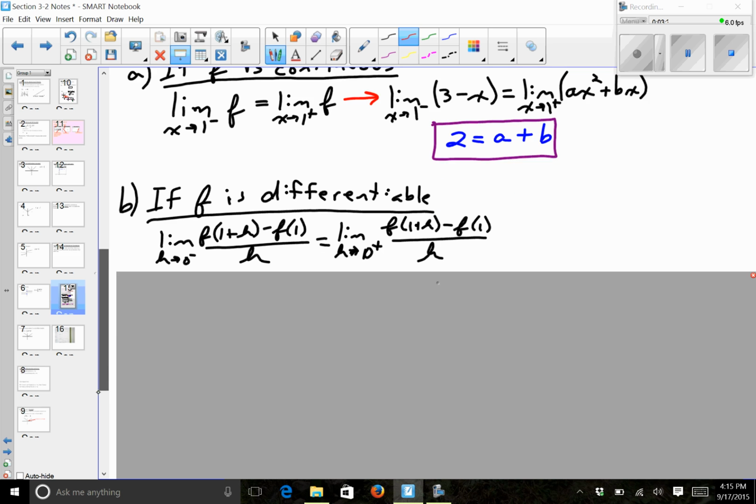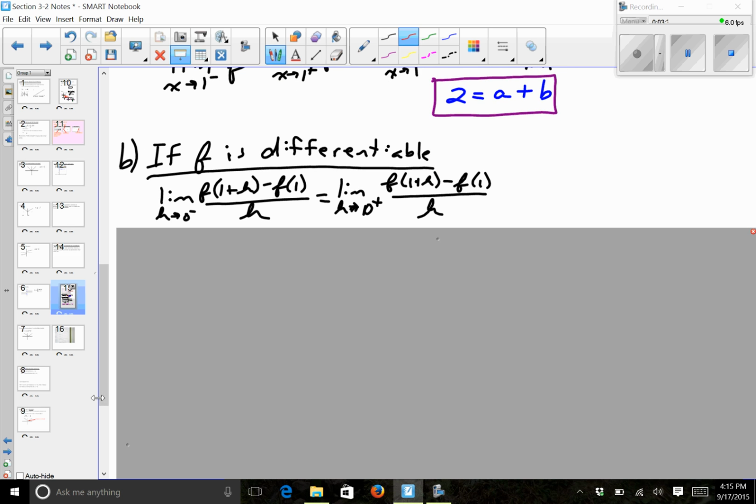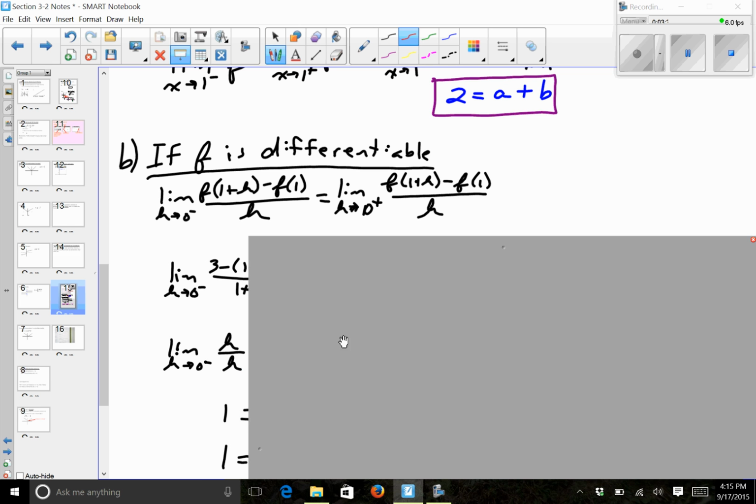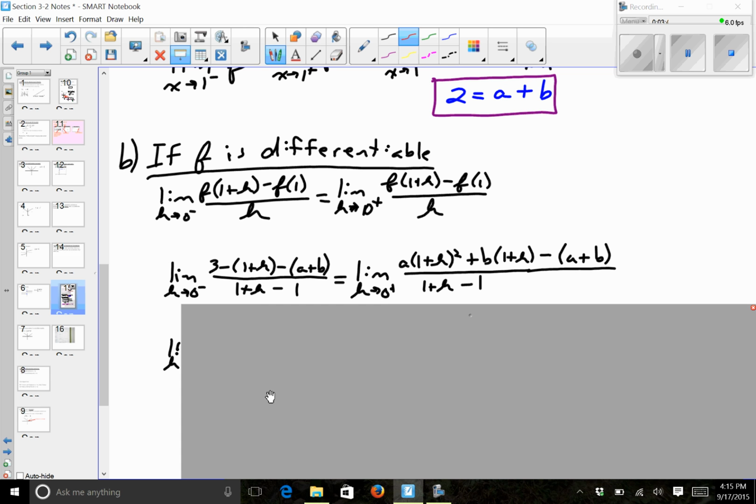So for the left-hand derivative, that means we're using the linear piece, the 3 minus x. So if I plug in 1 plus h to 3 minus x, and then here's my a plus b from if x equals 1, from back at the start of the problem.